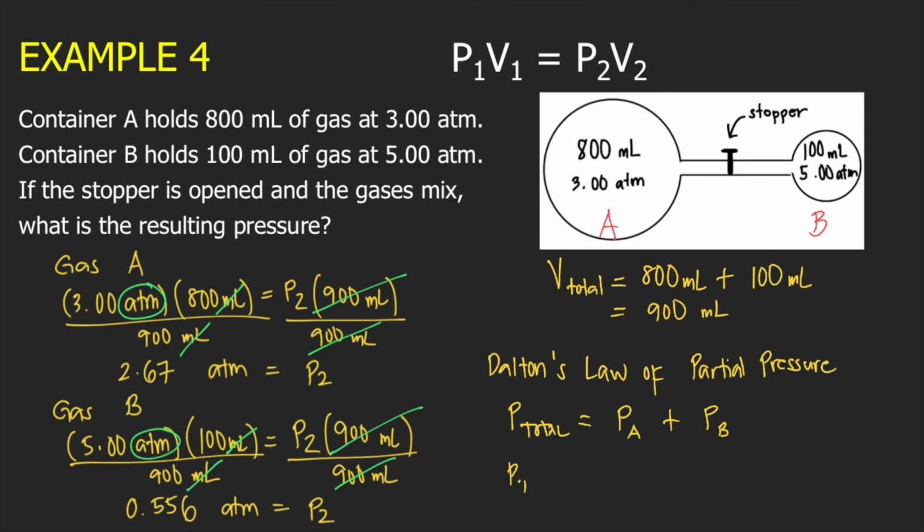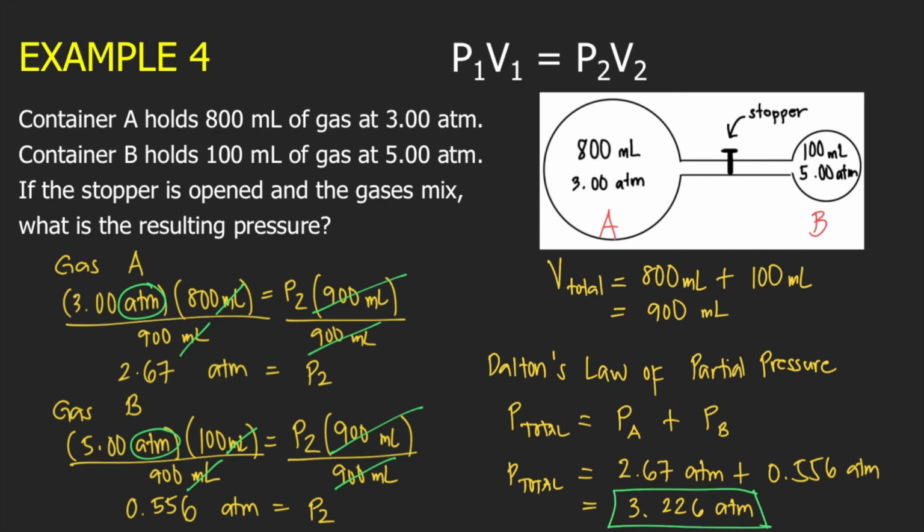So P total is equal to 2.67 atm plus 0.556 atm. If you solve that in your calculator, this is equal to 3.226 atm. And this is the final answer to example 4.